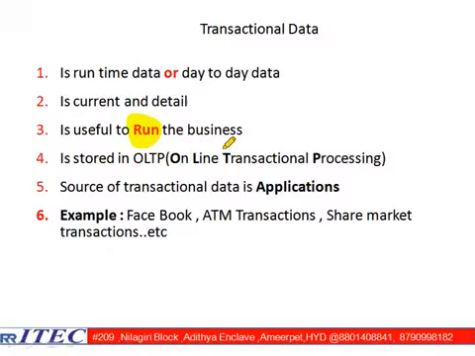Very detailed level of data is available. If it is the banking sector, I may have minute by minute, second by second, what happened. What time you transferred this money from your account to another account, minute by minute is available. This data is mainly for the purpose of running the business.